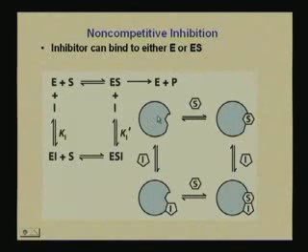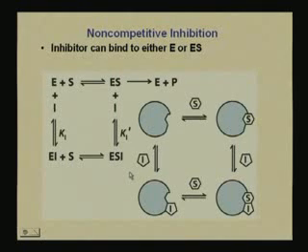So let's look at this picture here. We have the enzyme and we have the substrate. Then we form the enzyme-substrate complex. This enzyme-substrate complex can bind the inhibitor, and so can the enzyme itself. In competitive inhibition, we did not have this extra part here. So we do not have a ternary complex in competitive inhibition.